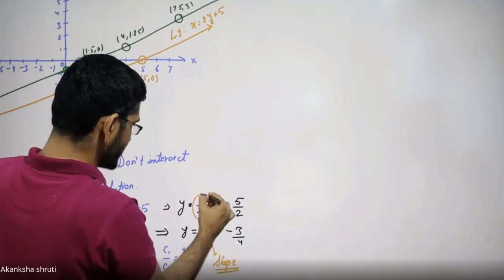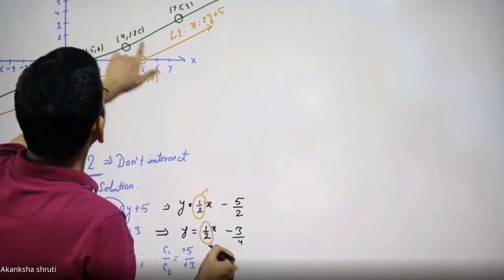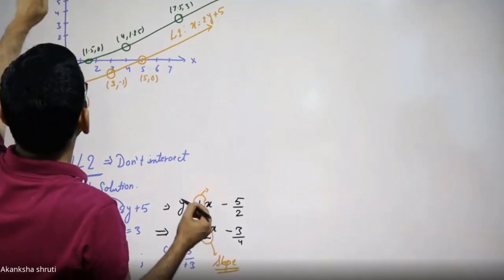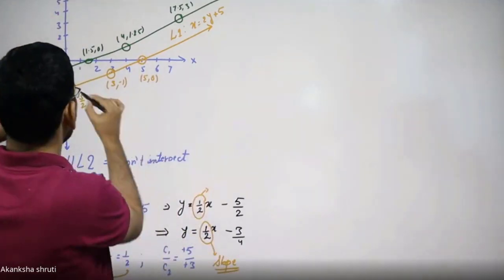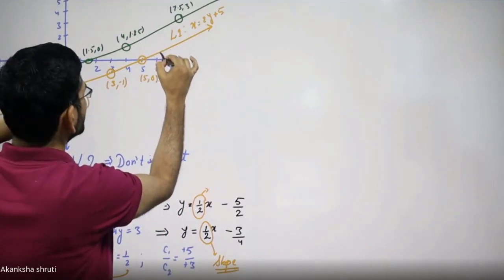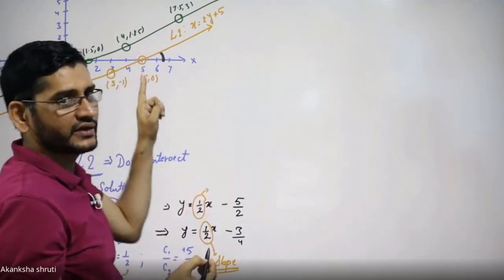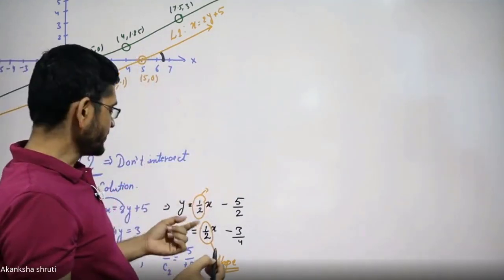So for this first line, the inclination means the angle made from the x-axis. If you are considering the angle made from this x-axis for the first one, this value is in fact tan of this angle. We have not learned trigonometry.